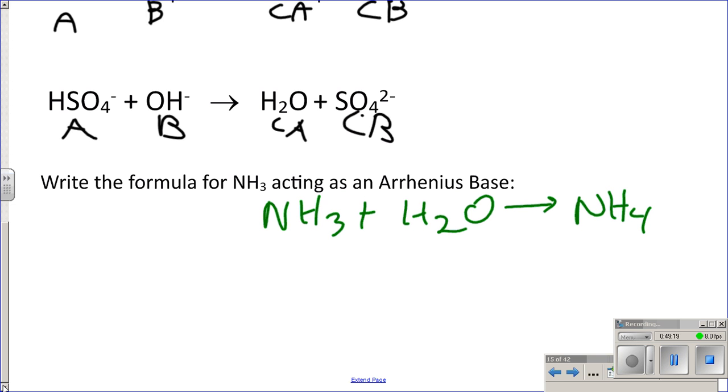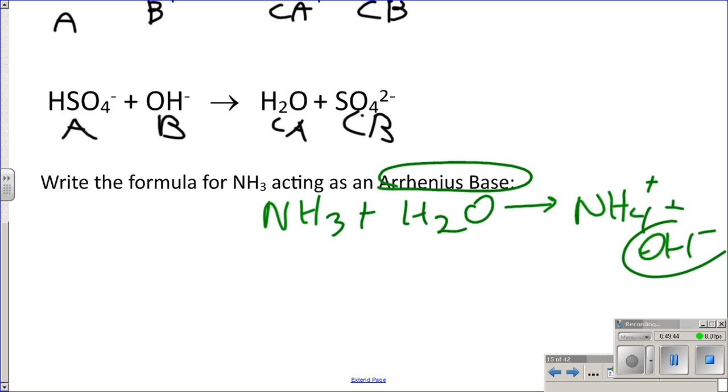I thought you said ammonium instead of hydronium, but you meant ammonium, right? Okay, and hydroxide. Because if it's acting as an Arrhenius base, one, it has to be in water, and what do all Arrhenius bases make in water? Hydroxide. So these two things are required to make it act as an Arrhenius base. Definitions, I know they're kind of out there sometimes, but you have to apply them.